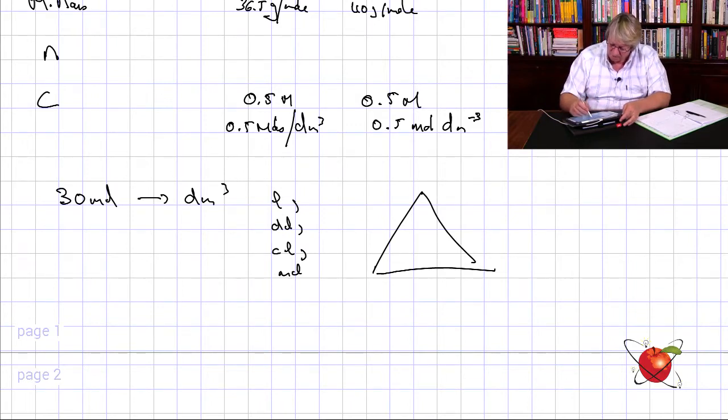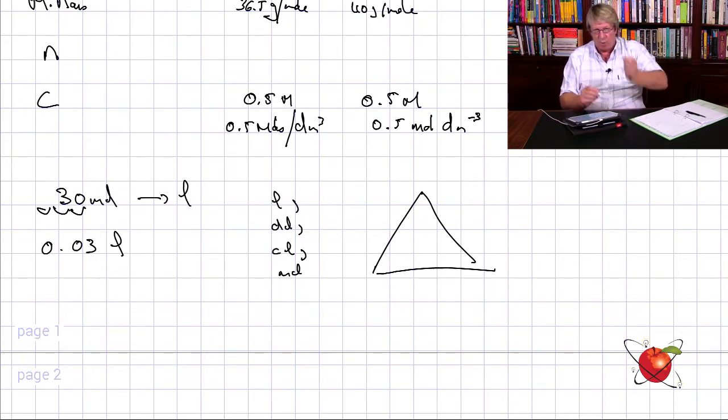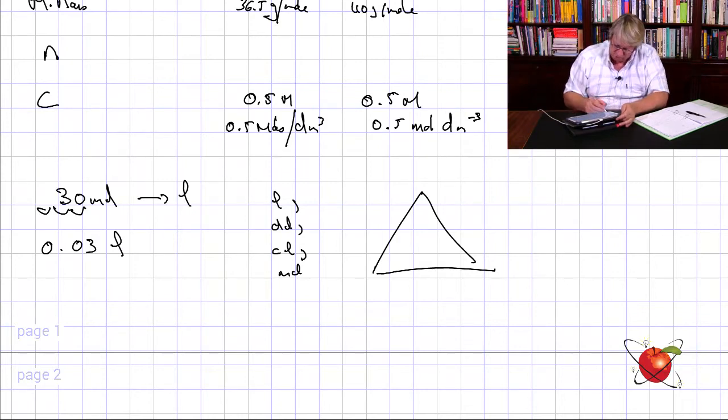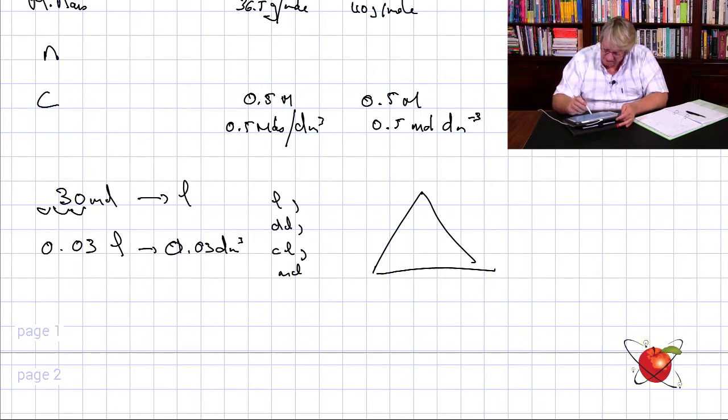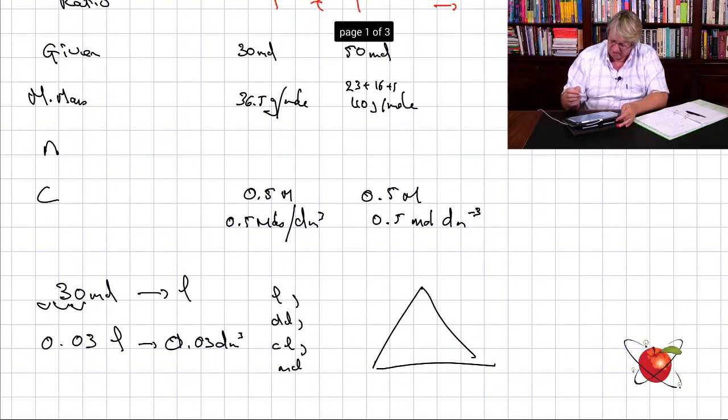First of all, I'm going to just make this liters. So 30 mL over 1,000 is going to be 0.03 liters. And remember, 1 liter is 1 cubic decimeter. Therefore, this we can say is 0.03 decimeters cubed. Let's change them all to the same. Let's just change those quickly. 30 mL is 0.03.